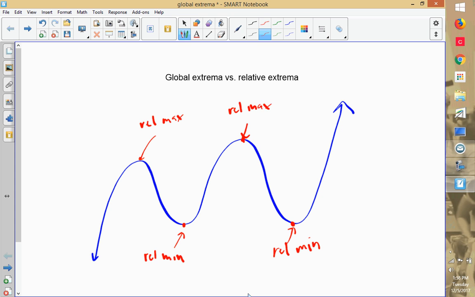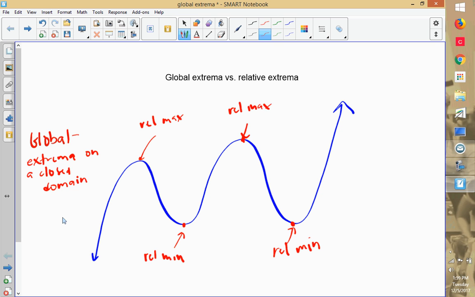Now, global extrema is extrema on a closed domain, essentially. It is the absolute highest value or the absolute lowest value that a graph goes.